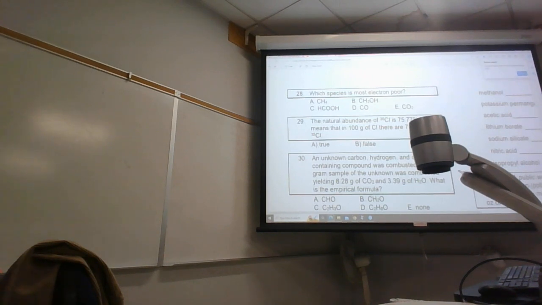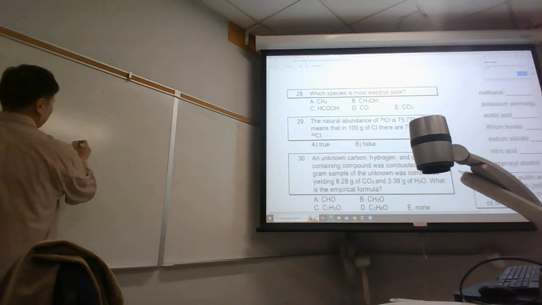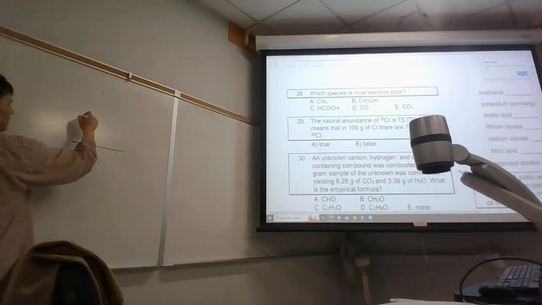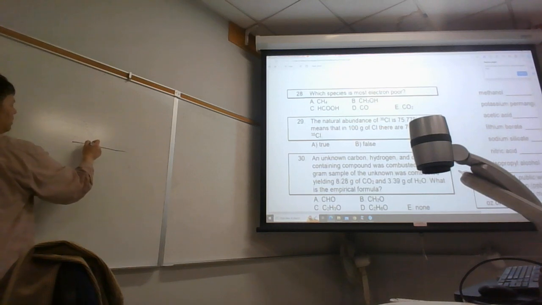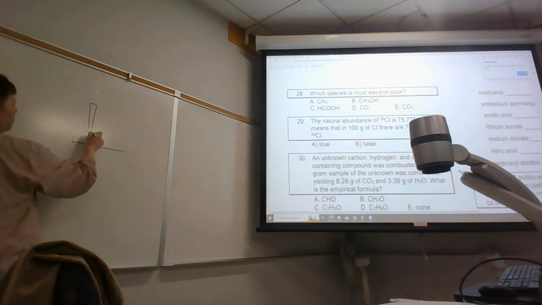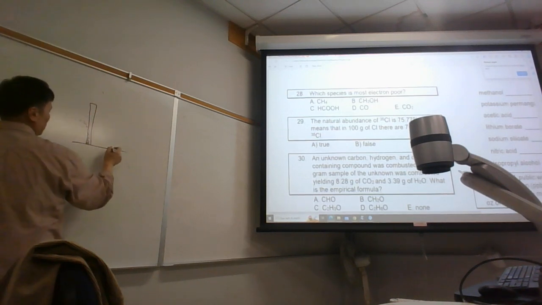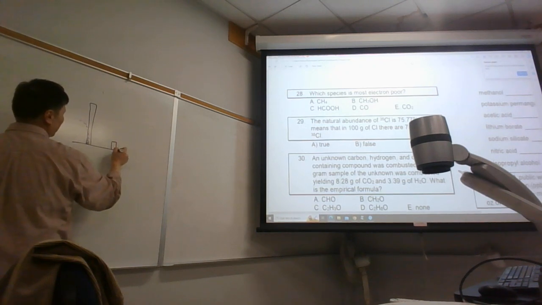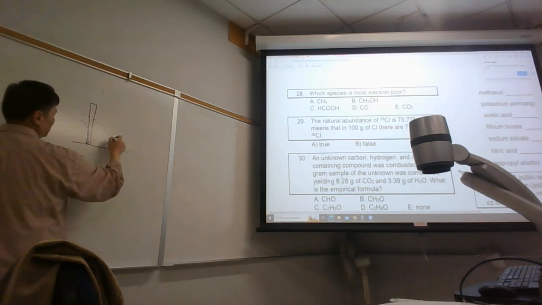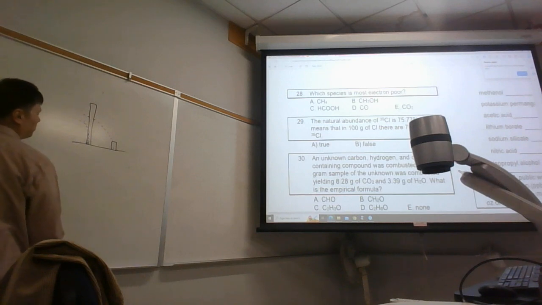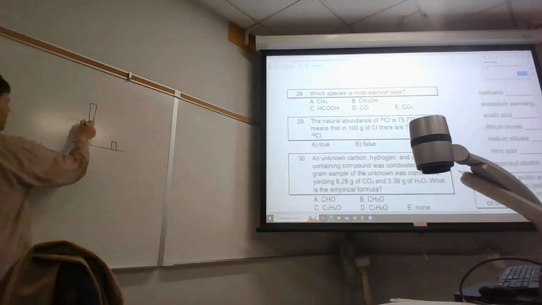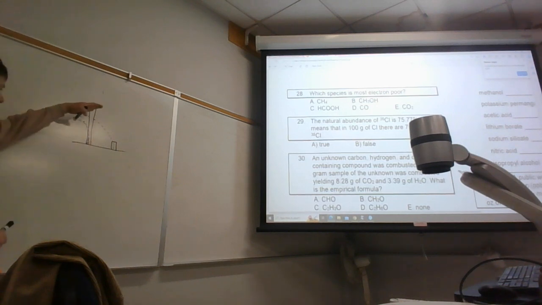In the mass spectrometer, you have a detector, and the detector generates a peak depending on how many atoms strike it. The more atoms that strike it, the bigger the peak, and the fewer atoms, the smaller the peak. So it's based on how many, not how much they weigh.